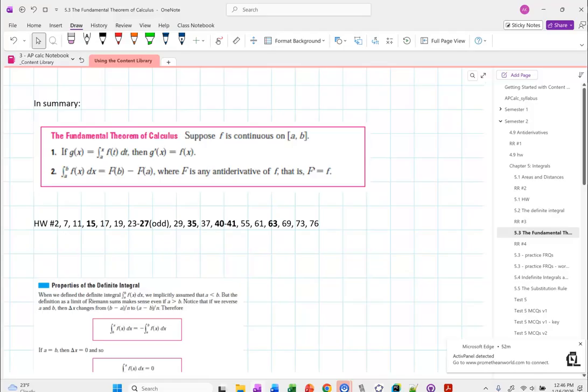The part that you should be able to do is, if I show you the limit of a sum, you should be able to translate that into an integral form. If I give you an integral form, you should be able to translate that into a limit of a sum. You do not need to evaluate that limit under any circumstances. I will not ask you to do that. The AP will not ask you to do that.